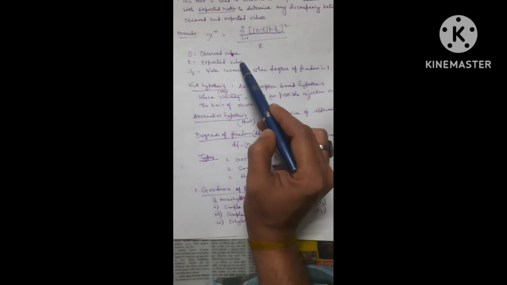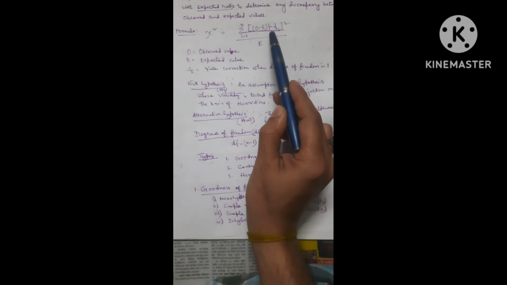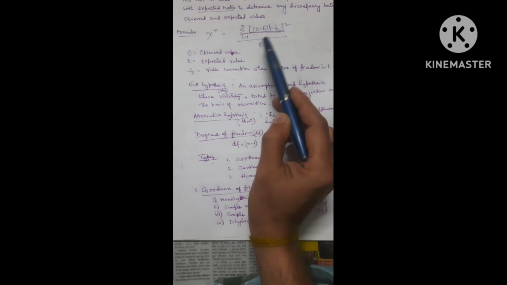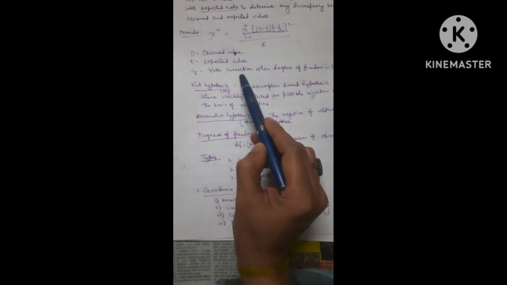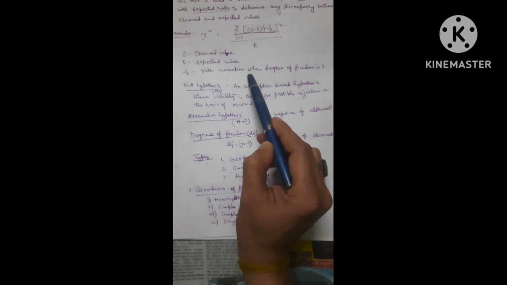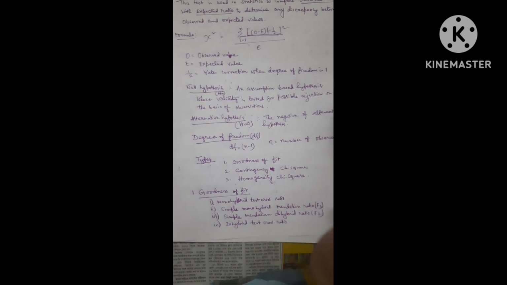And remember that you have to deduct minus half. This half is for Yates's correction, only to be used when your degree of freedom is 1.